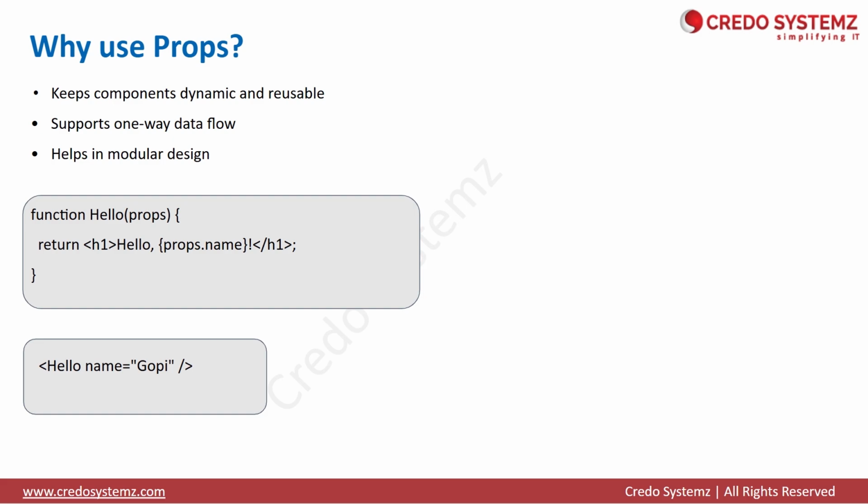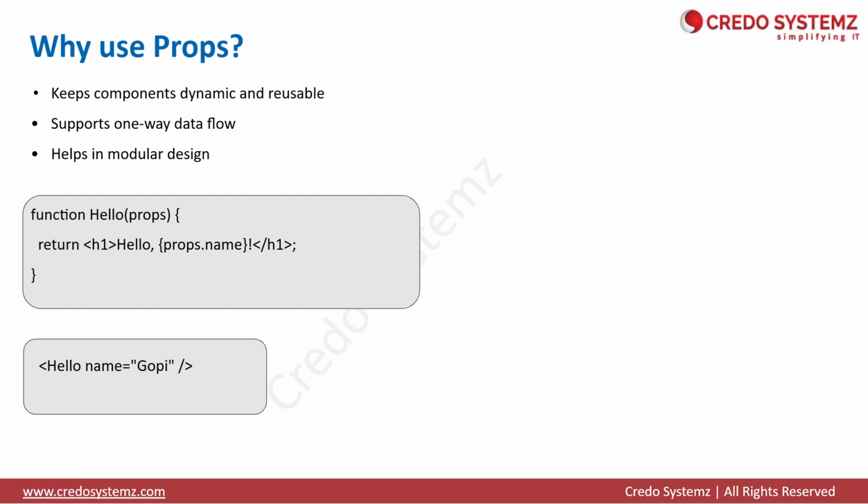That will give you a brief idea of the syntax and how you can invoke it. Here you can see I have Hello, which is the component name, and this component accepts a property called name. I'm passing my name. This is how you have to pass data to the component.